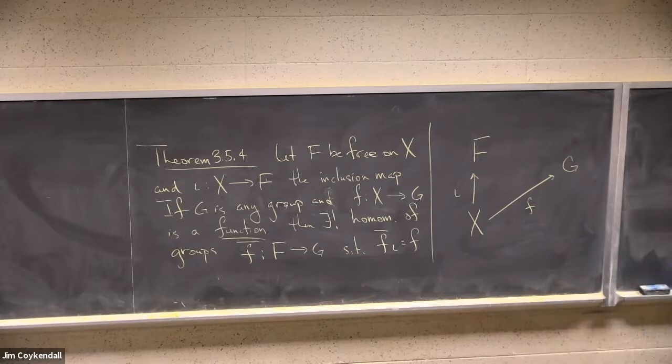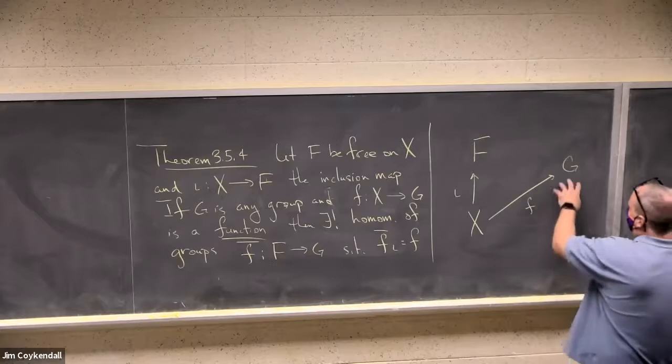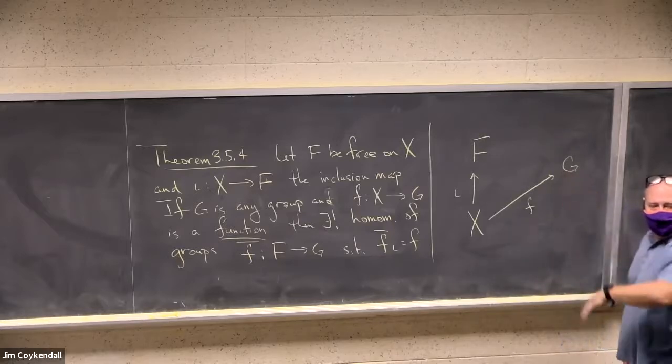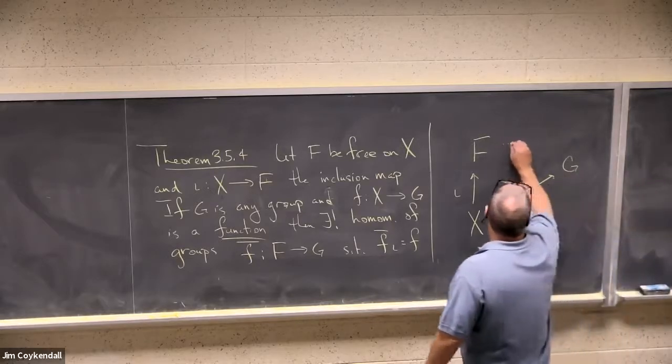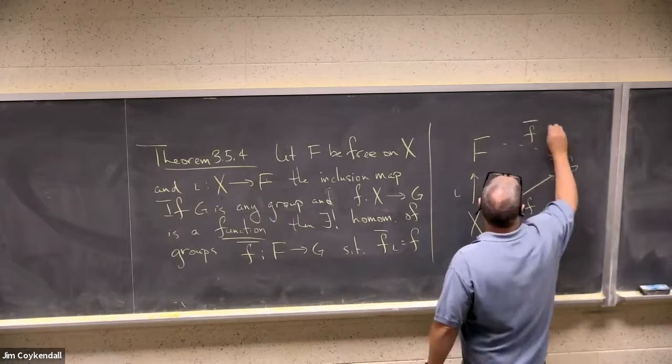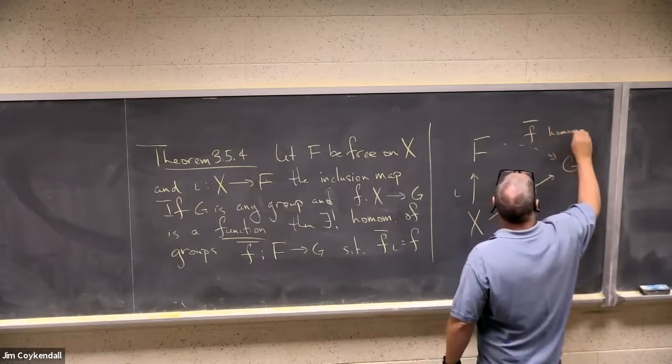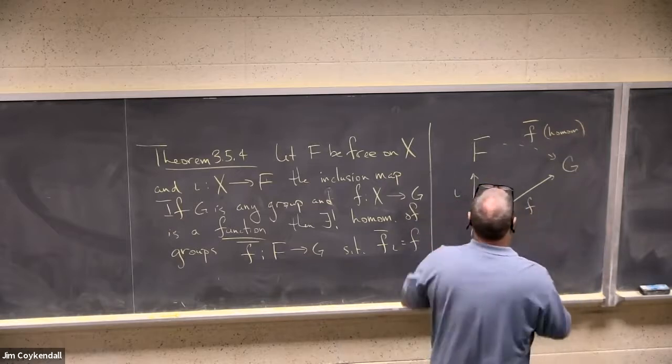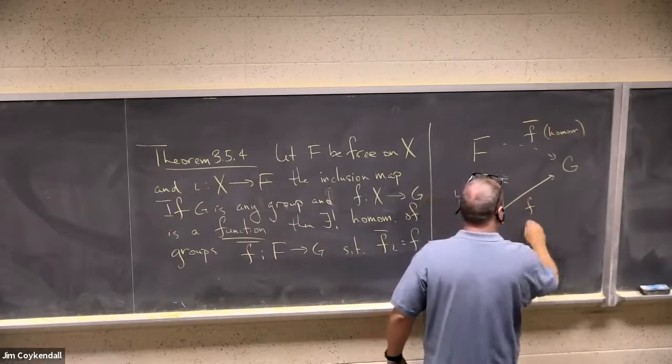All it needs to be is a function, right? So the domain of this is all of X, and it goes over to sprinkle stuff over here. Then there exists a unique homomorphism that makes this diagram commute. So f bar.